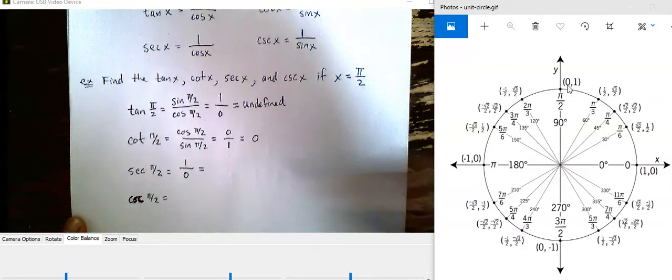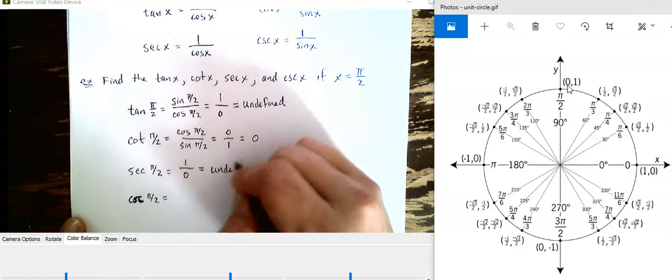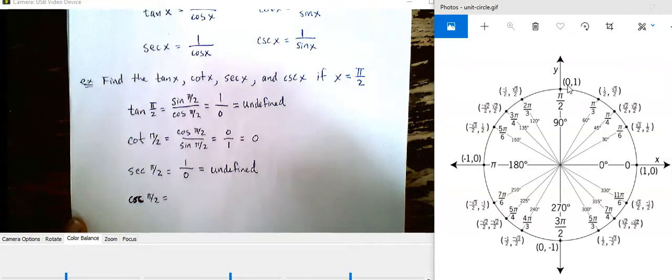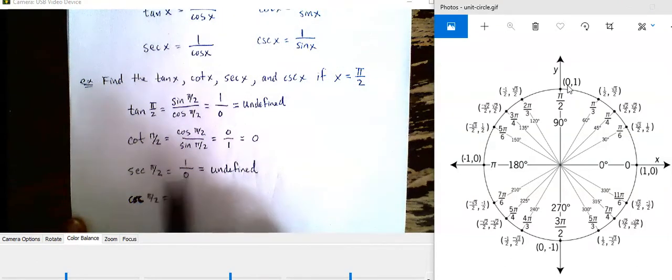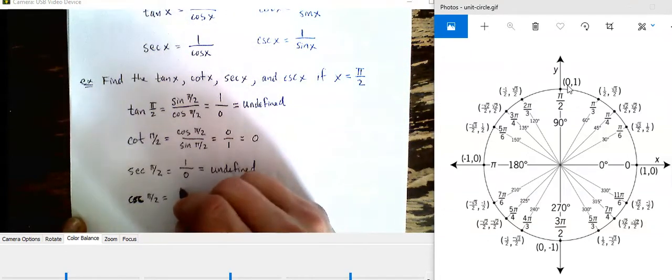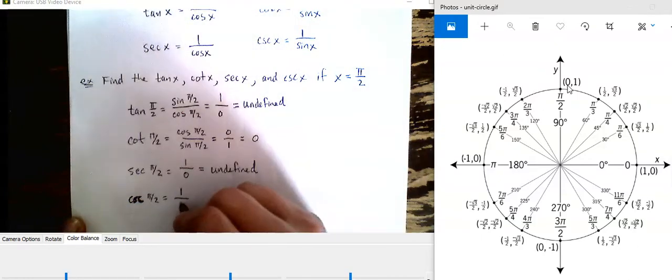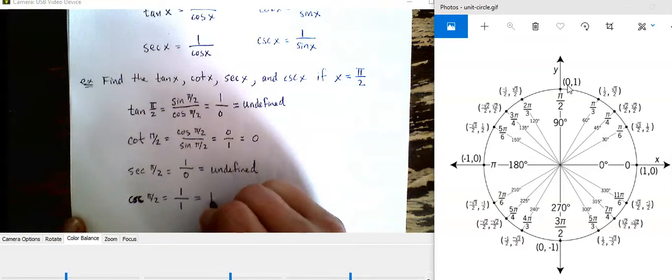Therefore, this is also undefined. So again, there must be something going on with the graph of secant when we get to the value of x, pi over 2. Cosecant is 1 over sine, so that would be 1 over the sine at pi over 2, which is 1, so that is 1.